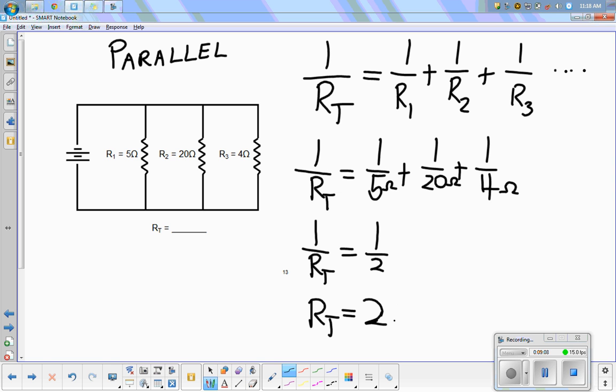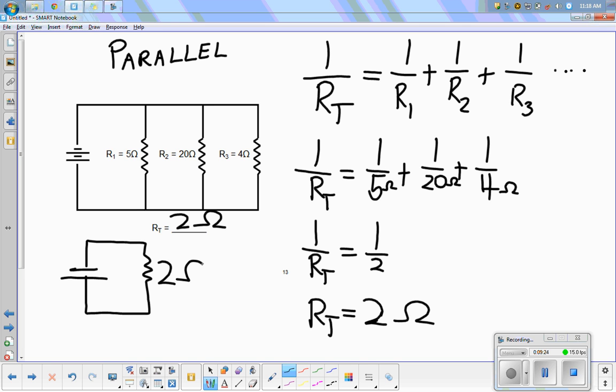So, again, this parallel circuit is equivalent to a circuit that has a single resistor in series, and that's going to be a 2 ohm resistor. Sometimes you'll also see R total called R equivalent. That's because these 3 resistors in parallel are equivalent to a single 2 ohm resistor that we just calculated right here.